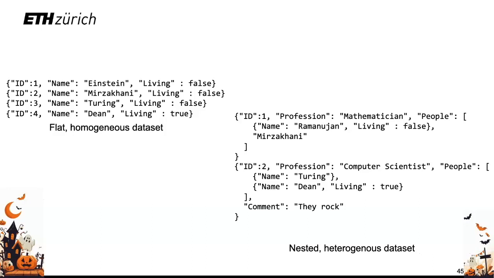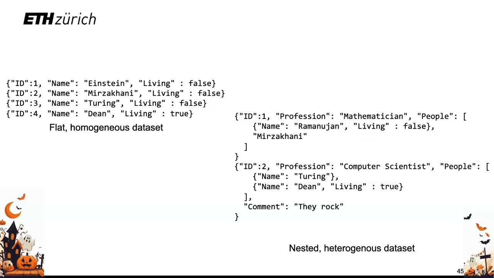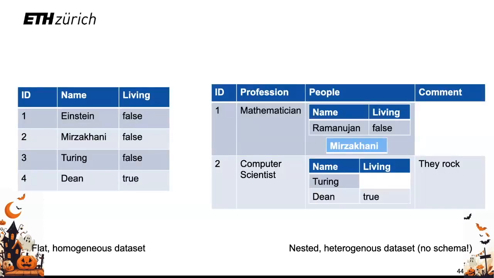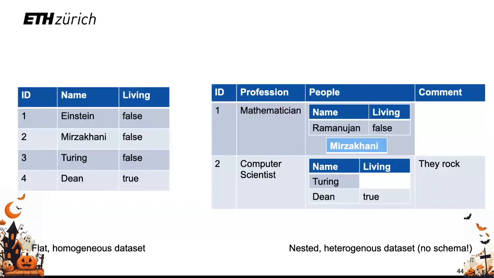Absolutely. So let me be even more precise on this. What I meant here is that in order to draw that, I don't need a schema. I might have this JSON data right there, no schema at all, and I can still attempt to draw something like this. But what I'm saying is that if you just have some random JSON that comes out of nowhere, it might be messy, without any schema, and then it's highly nested and heterogeneous, right? Now, it doesn't mean you cannot build a schema.